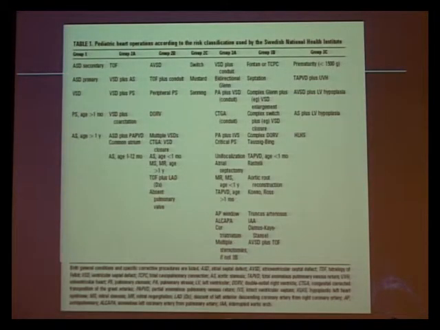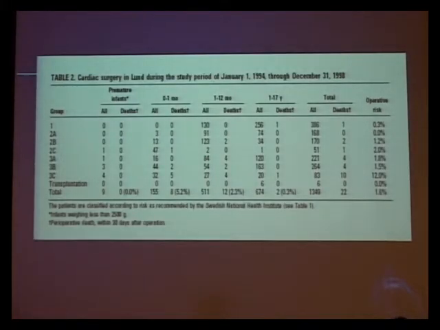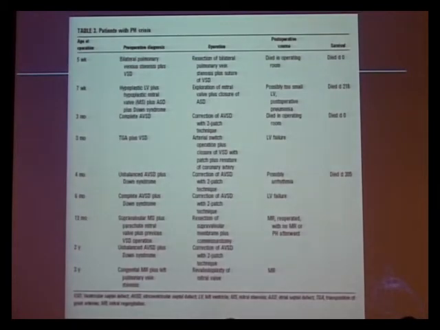They divided, according to the Swedish National Health Institute, the patients treated into different groups, and they found more or less what we heard before, that the worst group is the 3C, the preoperative group of high-risk patients for developing pulmonary hypertension.